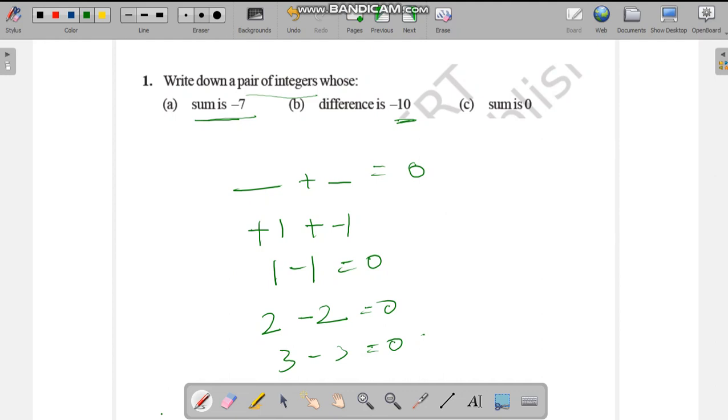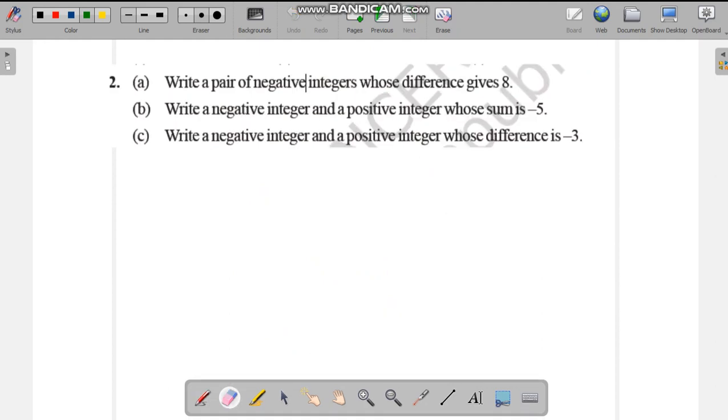Let us go to the next sum. Write the pair of negative integers whose difference gives 8. What we should do is we need to subtract two numbers so that we get the answer as 8. That number should be a negative integer. Here the number should be negative and here also the number should be negative.